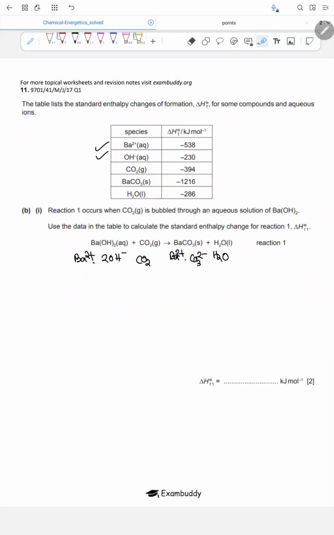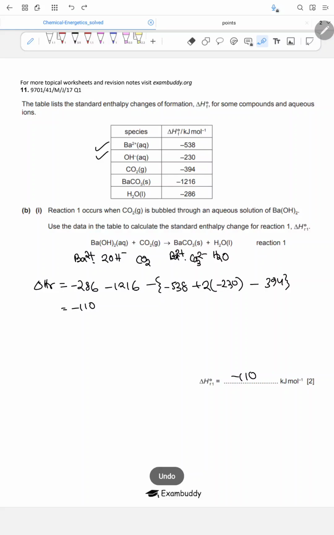Then we'll add the values. So here you go. We have water, barium carbonate, barium, 2 hydroxides, and carbon dioxide, giving us the value of minus 110.